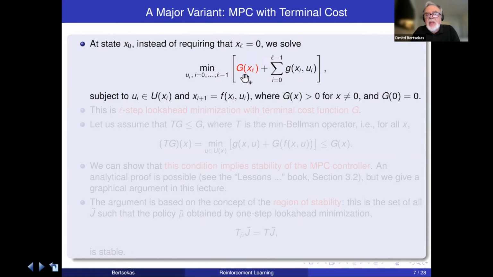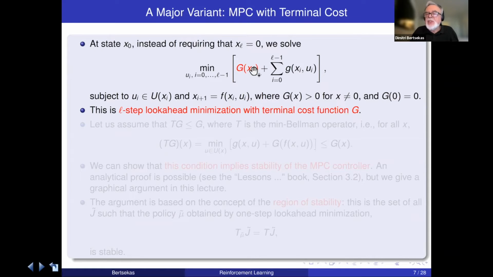The solution of this problem is similar to the previous slide. The control constraints and the deterministic system equation are the same. Everything is the same except for substituting this constraint with a terminal penalty. Now we are in familiar territory. This is just approximation in value space with L step look ahead with terminal cost function G.